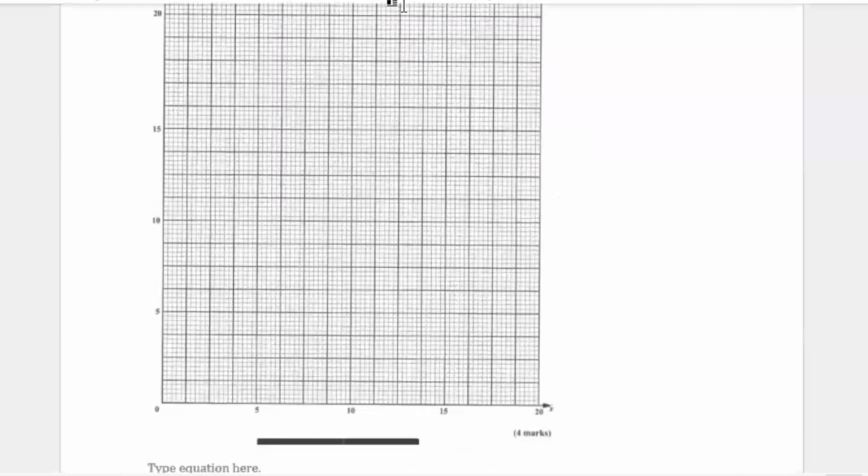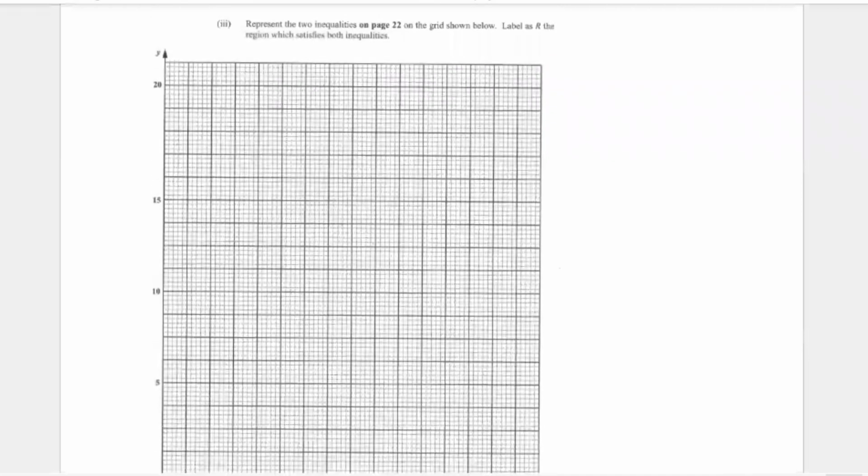Our first inequality was 3X plus 4Y equals 60, or you can choose to use 60X plus 80Y.